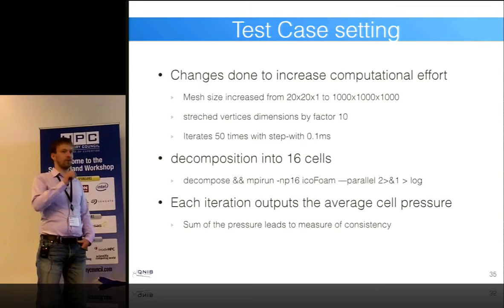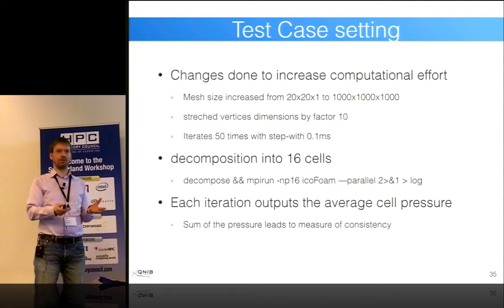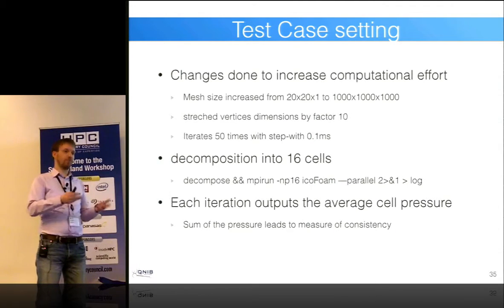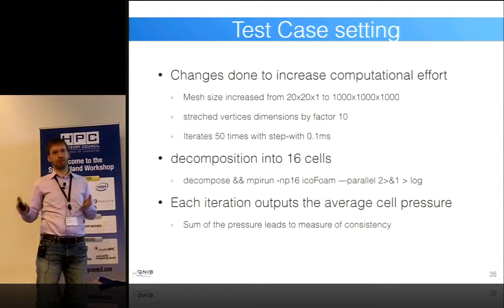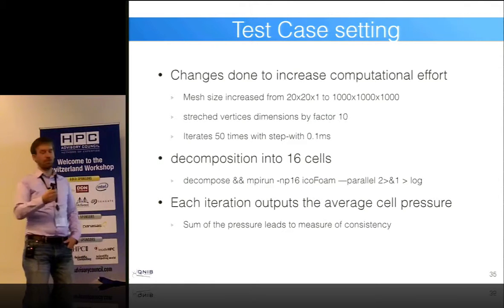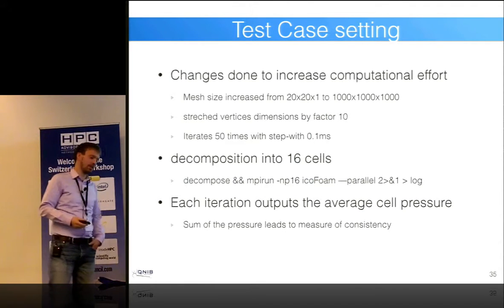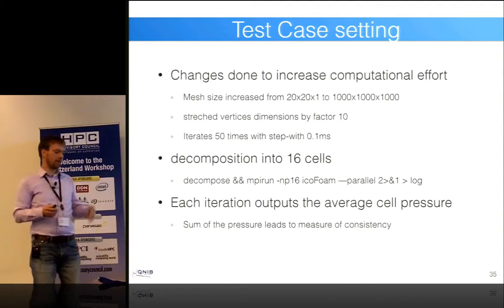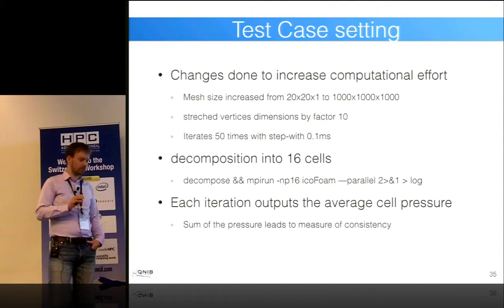At the end of the computation, I sum up all these average cell pressures, and this is my measure of consistency. So with 50 iterations and 1,000 times 1,000 times 1,000 cells, the pressure of these cells, averaged and summed up, is my measurement of consistency. I'm not an OpenFOAM expert, but I reached out to one, and he said that's pretty okay.